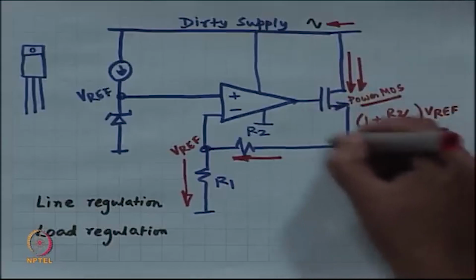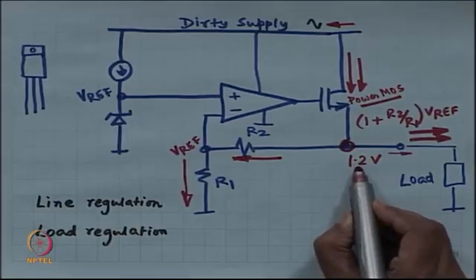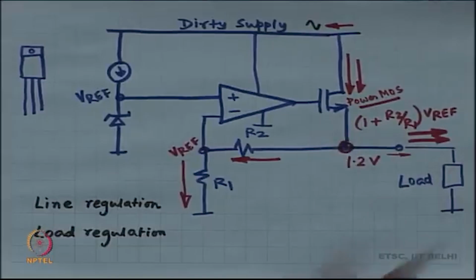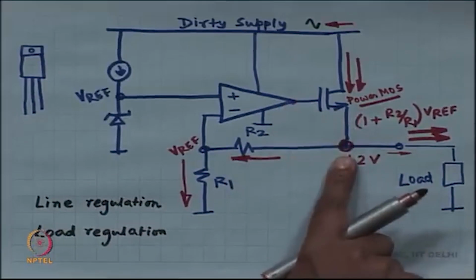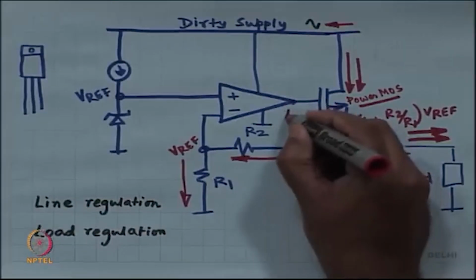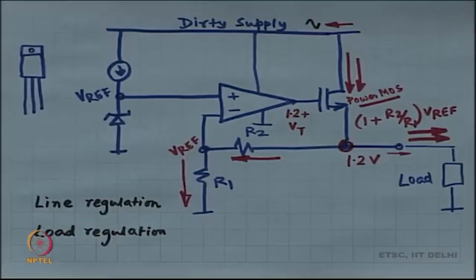There is the Vt of this MOSFET. If this is 1.2 volt, however large this power MOSFET is, however small the drawn current is, the voltage at the gate is at least a VT above 1.2 volt. At the very least, I am taking the most optimistic situation over here.